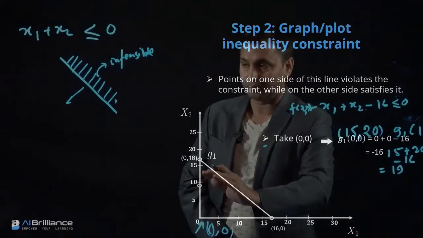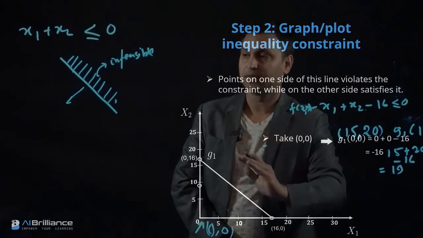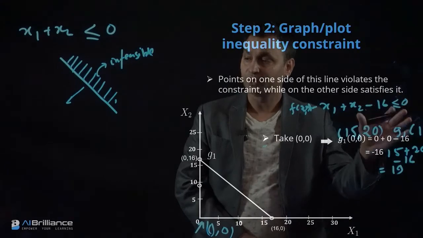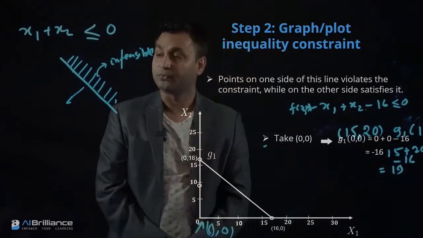So from here we can see that the points lying above this line lead to infeasibility of this equation, whereas the points lying on this side of the line lead to feasibility of this equation.